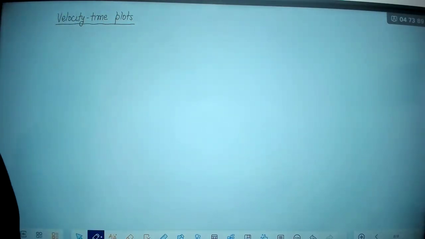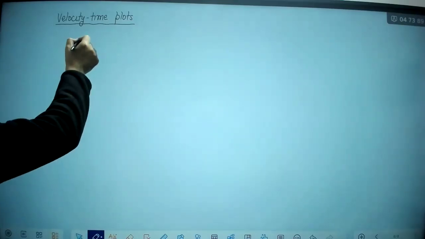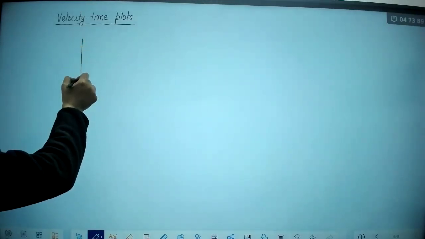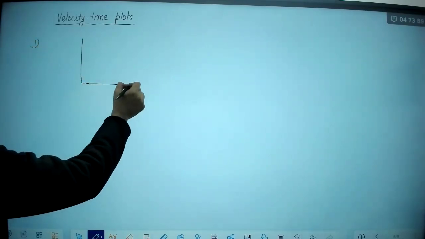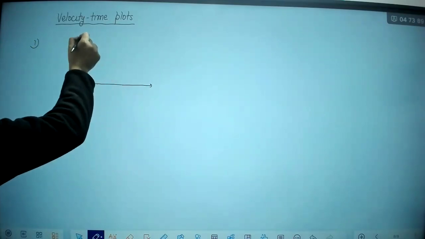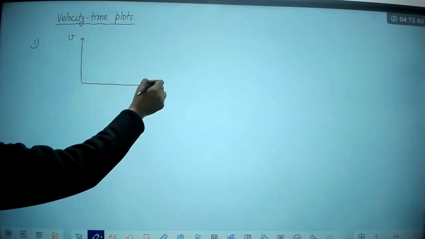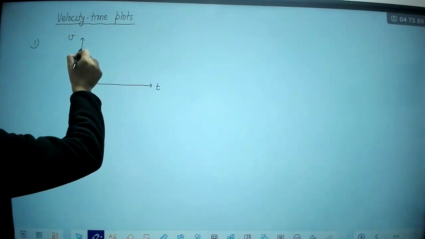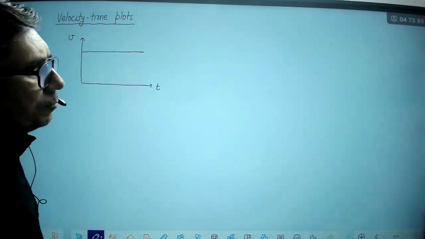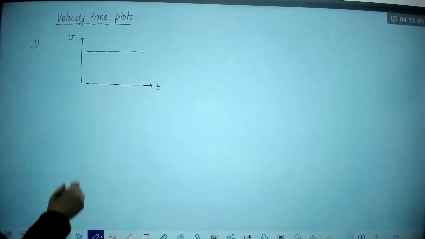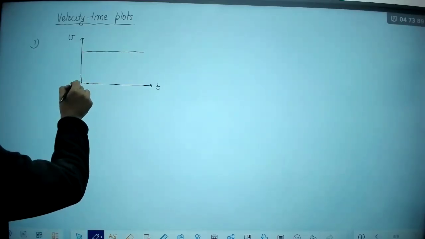Okay? First, the simplest. Suppose this is the first one, velocity as a function of time. If your plot is a horizontal line, try to understand this is 0.